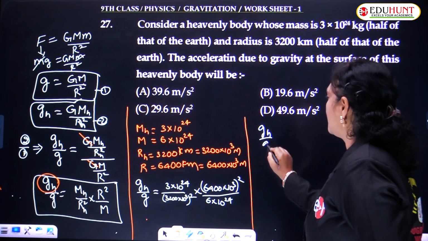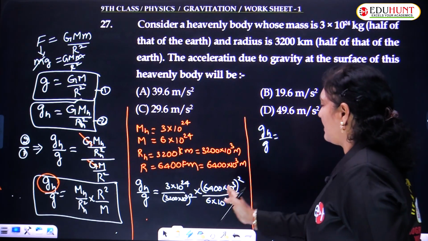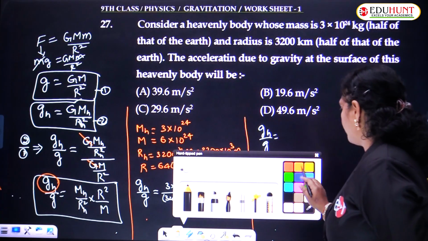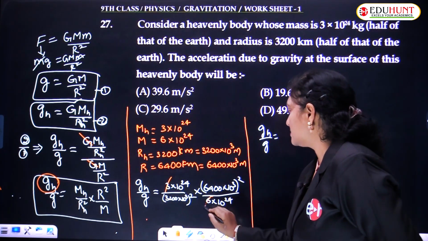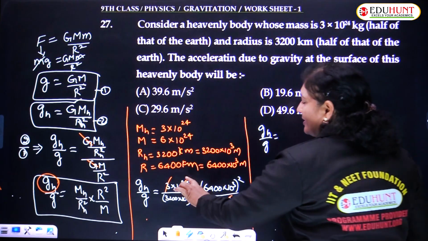GH upon G equals, I'm just bringing this 6 into 10 power 24. This 3 goes 2 times and 10 power 24 is left over. You are left with 1 by 2.